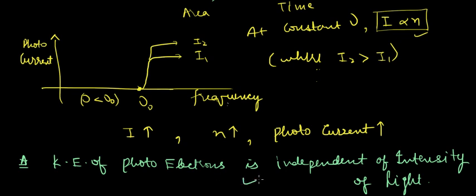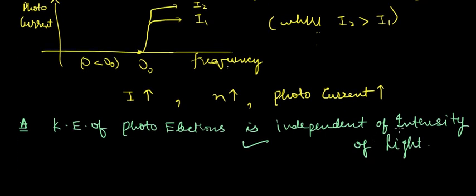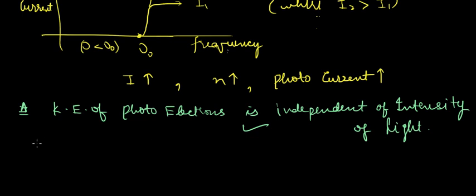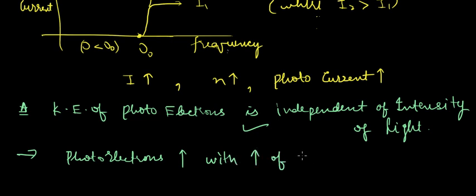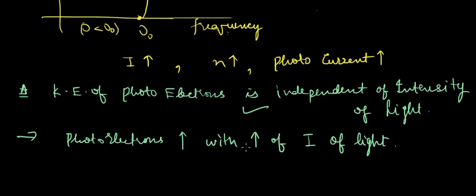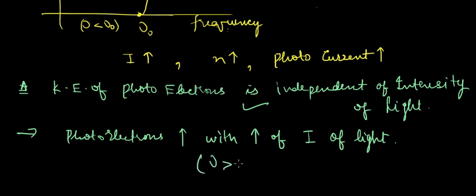Hence kinetic energy is independent of the intensity of light, and rather we should say that photoelectrons ejected will increase with the increase of intensity of light or photons, when nu is greater than nu naught.